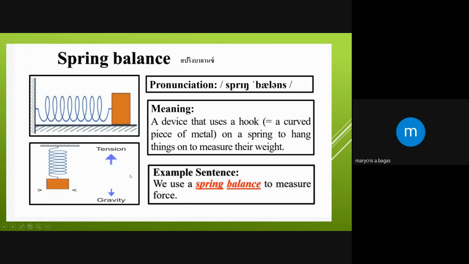Okay, so example, we use a spring balance to measure force. So as you can see here, this object is what we call spring balance. Spring, right? Spiral. Spring.